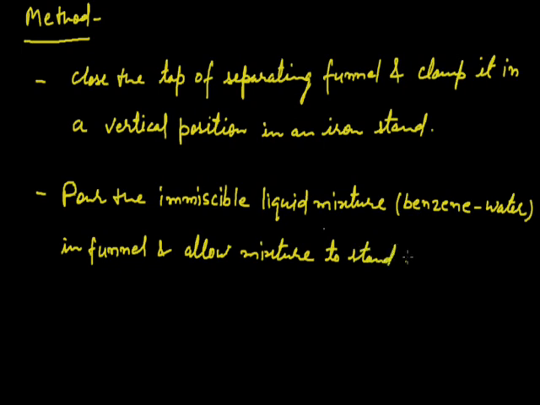Here the immiscible components of the mixture, that is benzene and water, separate out into two distinct layers. The benzene forms the lighter layer on the top and the water forms the heavier layer at the bottom.